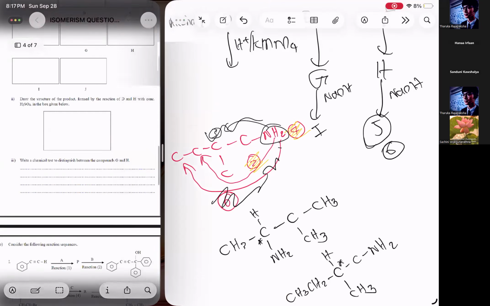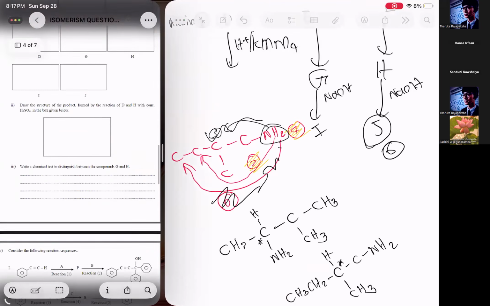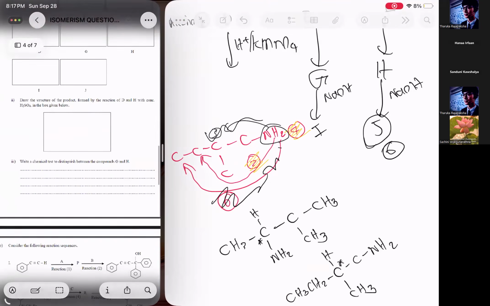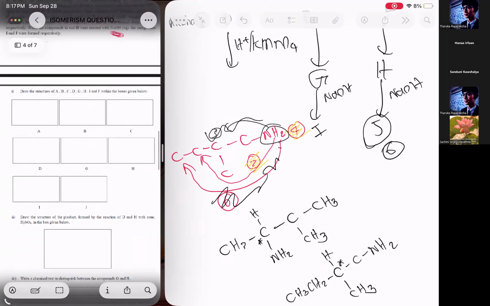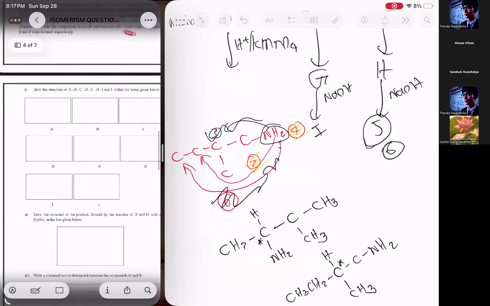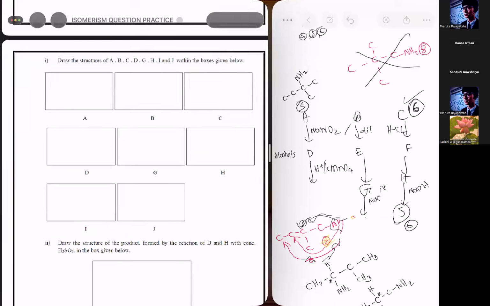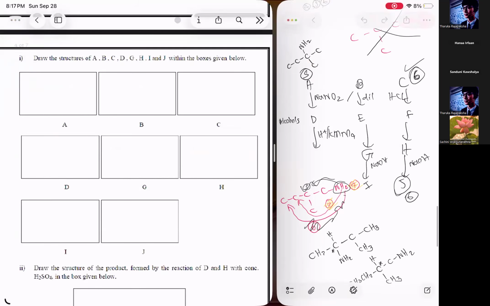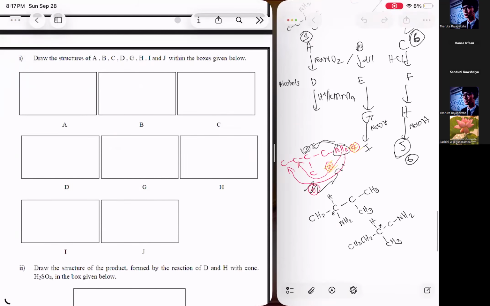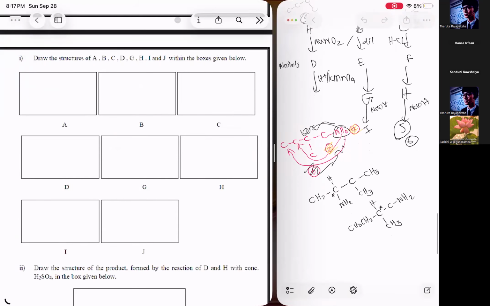When compounds G and H were reacted with aqueous sodium hydroxide, compounds I and J were formed. They haven't given any information regarding I and J, right? Let's write the things which we know, and I hope they give marks for both answers, because there is no method to distinguish between I and J. If you have any ideas, please let me know.